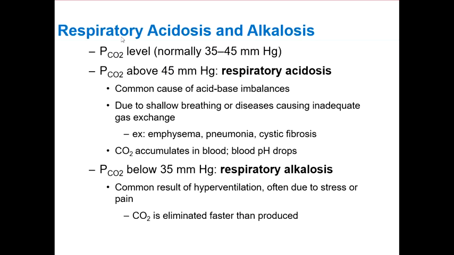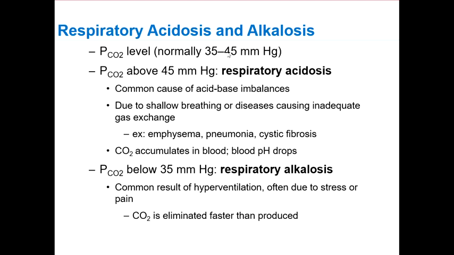So if we're looking at respiratory acidosis and alkalosis first, we have to look at our partial pressure of carbon dioxide. Those levels in our fluids, mainly our arterial blood, should normally be between 35 and 45 millimeters of mercury.